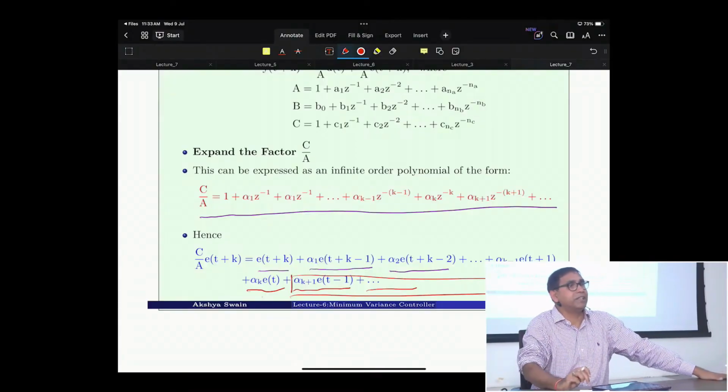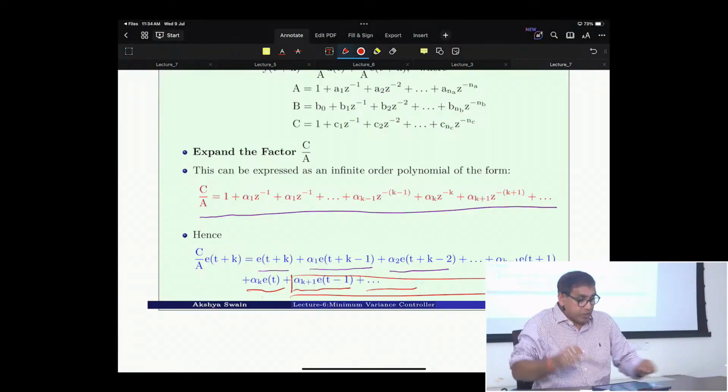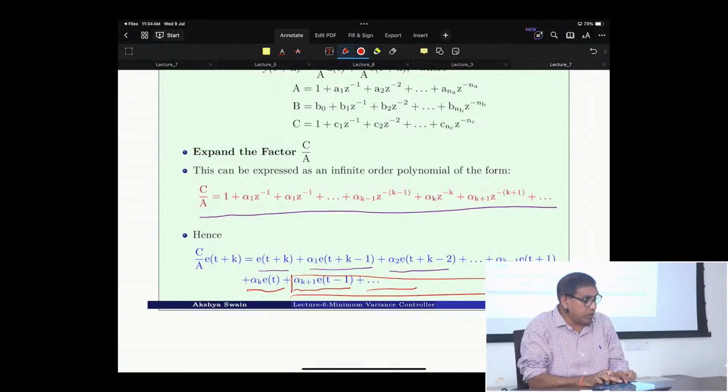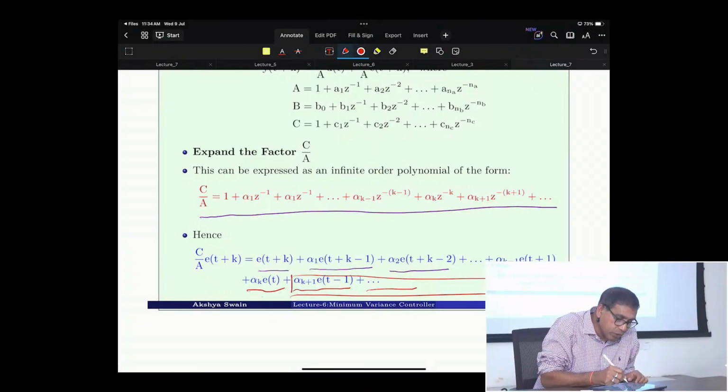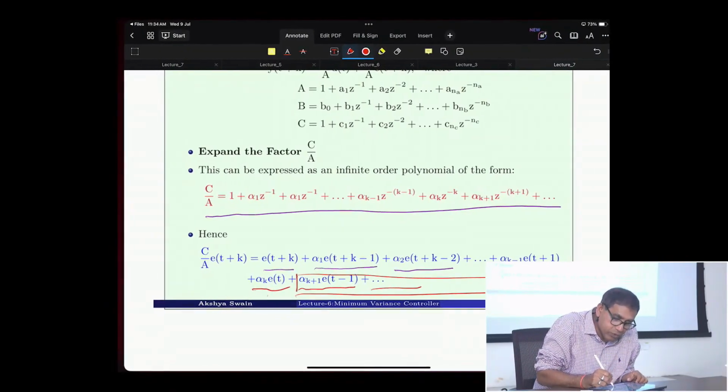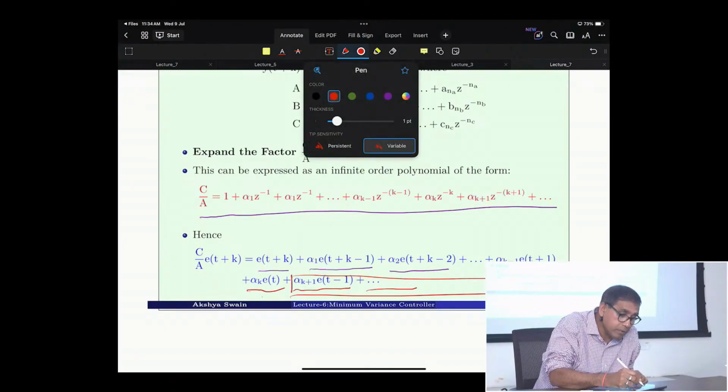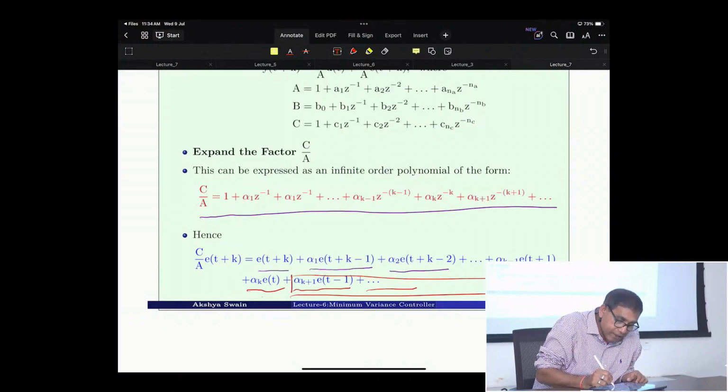Not known: et plus 1, et plus 2, et plus 3, you see? Alpha k plus 2, et plus 2. Whereas these terms you do not know, these terms are known. You see here? These are known.